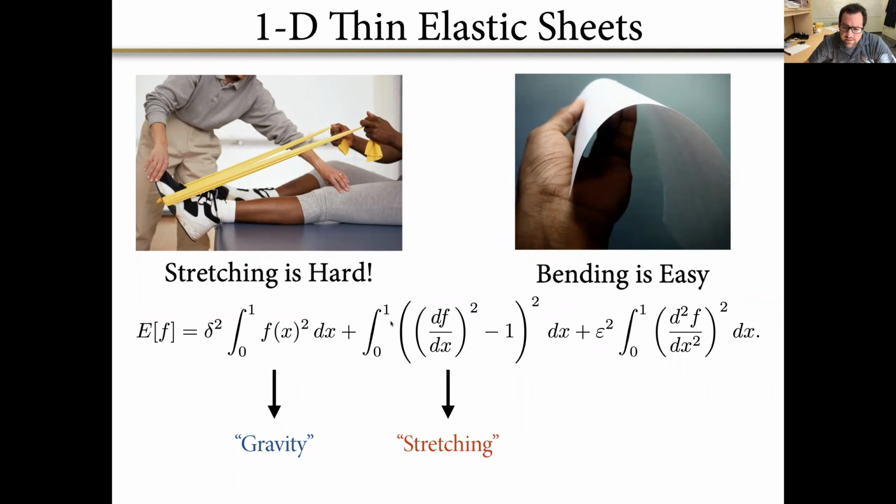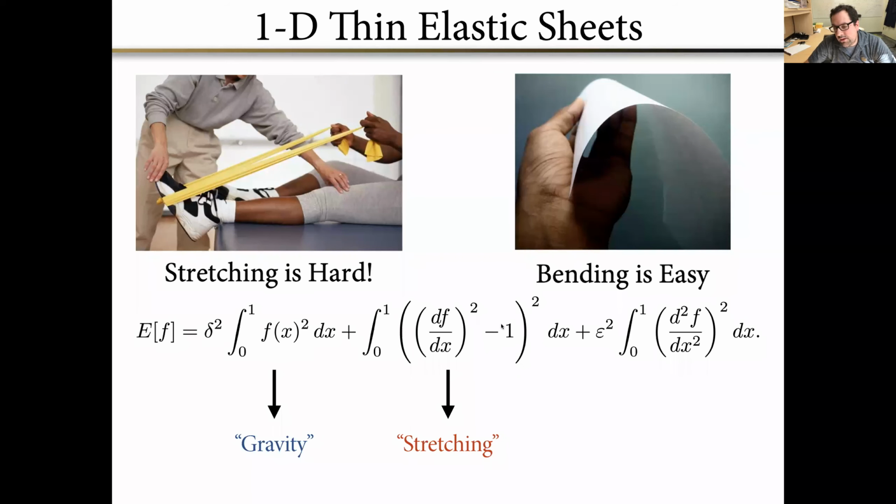The second term is what's known as the stretching energy. So if I think about this term physically, the derivative, which measures the slope, this (df/dx)^2 term really comes up as an arc length. So if you do an arc length integral, this is a measurement of local distortions of length.